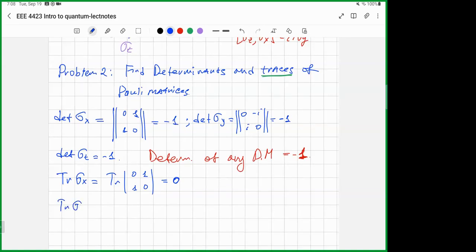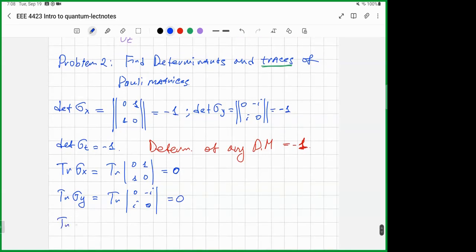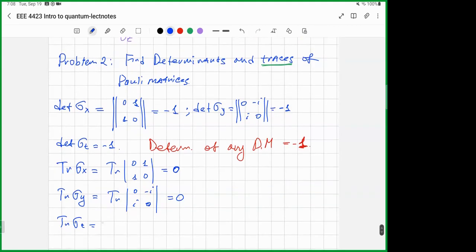The trace of sigma y is also equal to 0, because it's 0, minus I, I, 0. And finally, the trace of sigma z, which is 1, 0, 0, minus 1, is again 0, because 1 minus 1 is 0.